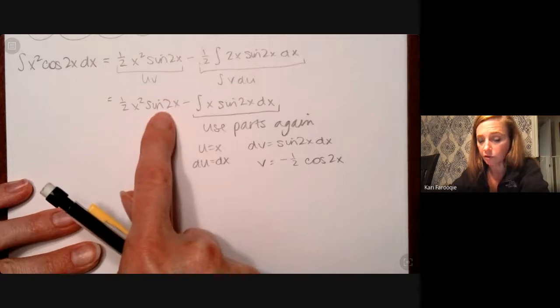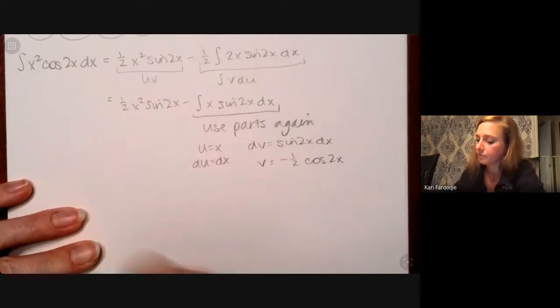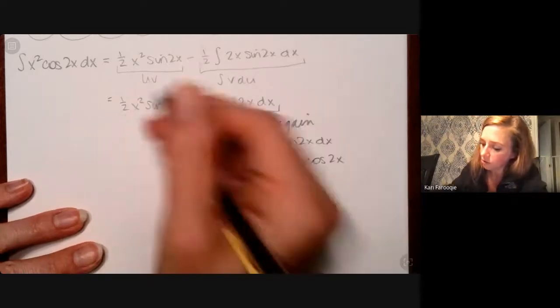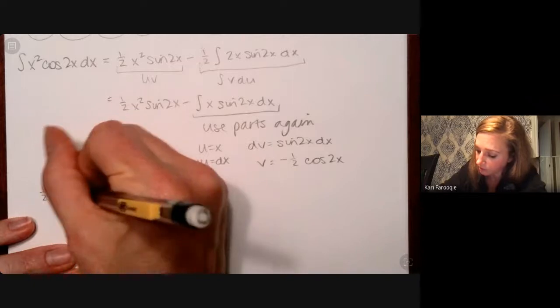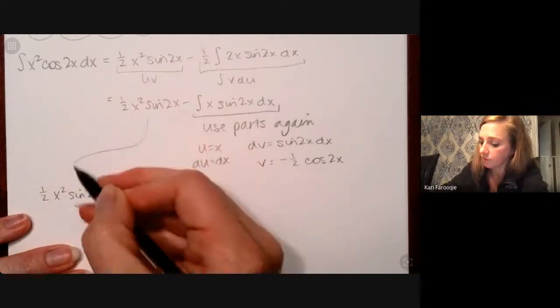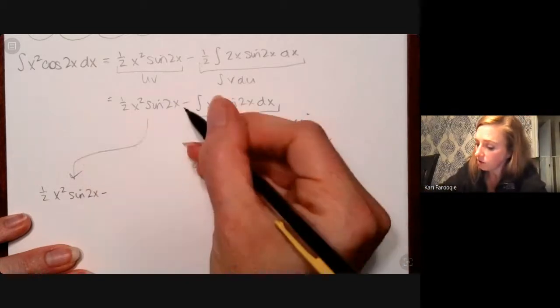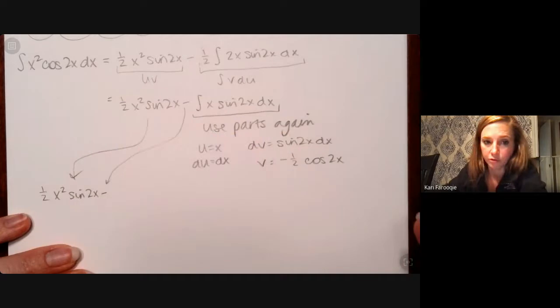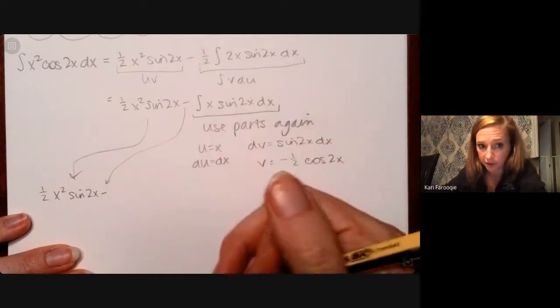This is still included in the answer for the integral for x squared cosine 2x dx. So I'm going to rewrite this 1/2 x squared sine 2x that came from there. I have a minus sign that I'm pulling from there. And then this whole integral goes behind the minus sign.